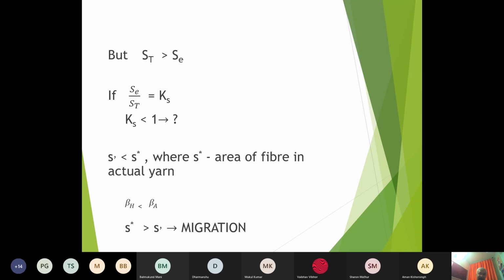Is it clear or still doubt? So, increase in the number of fibers is dominating the decrease in area? No, the two different situations are going to be there. You see, if the number of fibers in yarn cross section is increasing, then the average area of the fiber in a yarn cross section will definitely reduce.